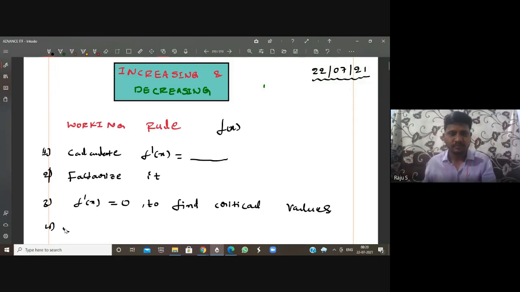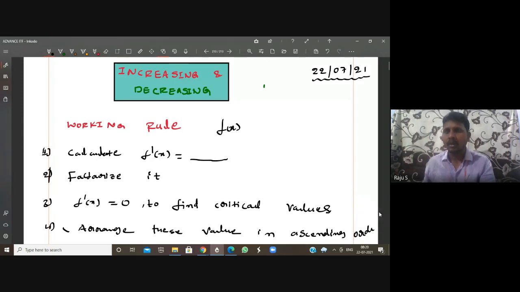The fourth step is to arrange the critical values in ascending order.